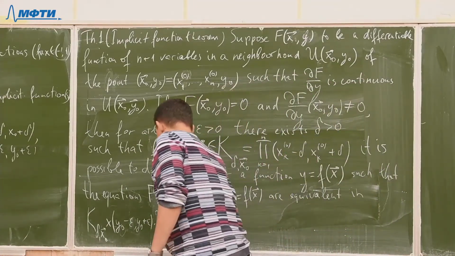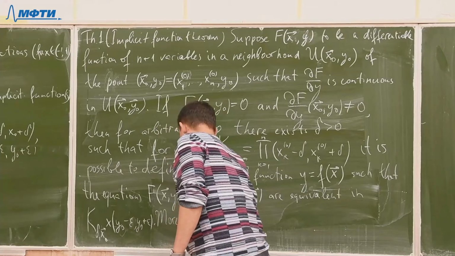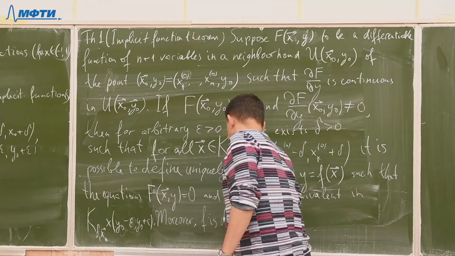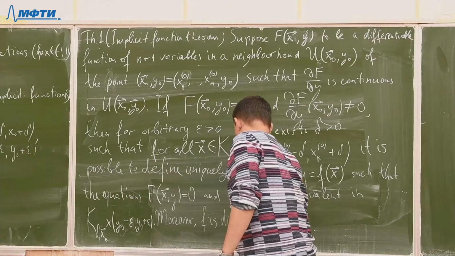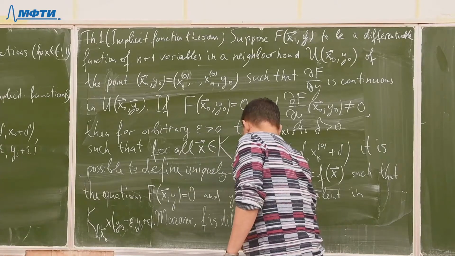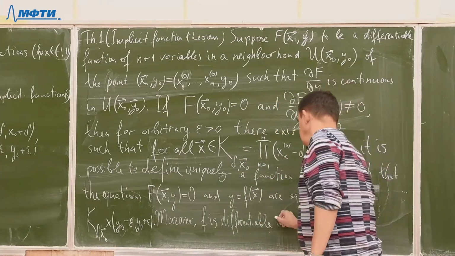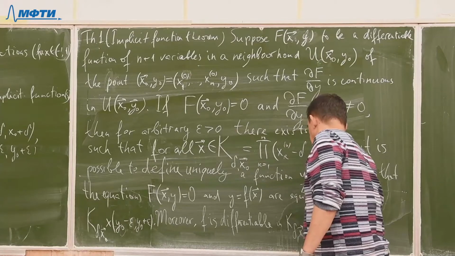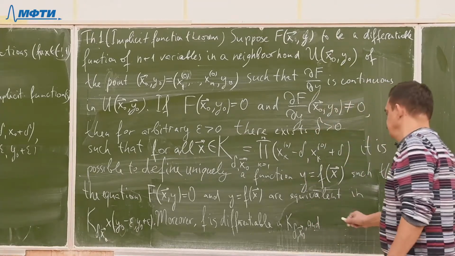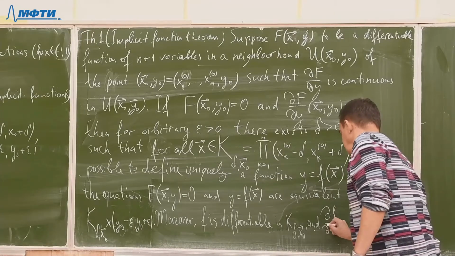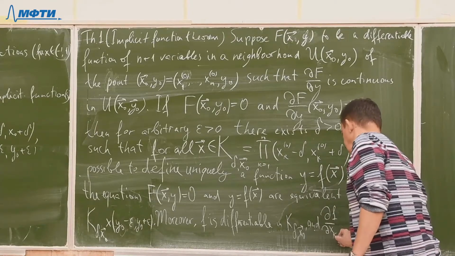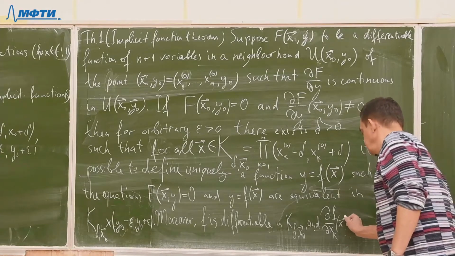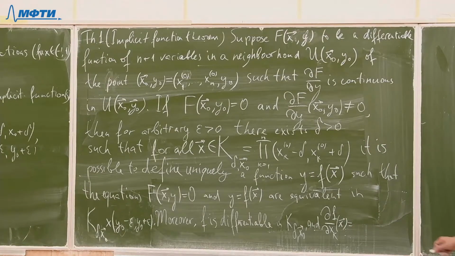Moreover, f is differentiable in the cube around x naught, and the partial derivatives with respect to the kth variable at x can be computed by the following rule.